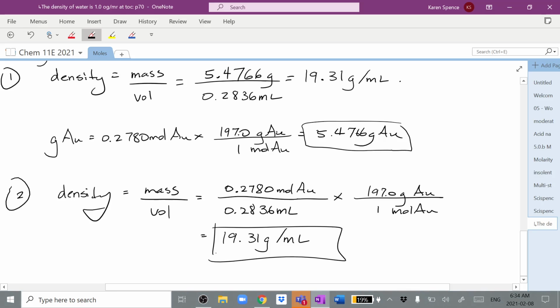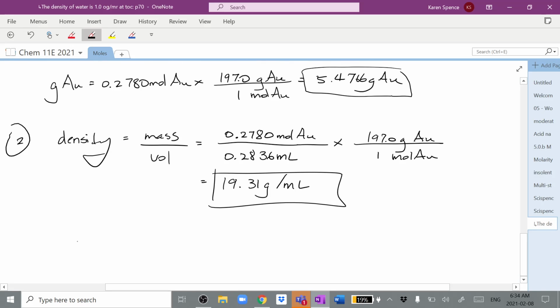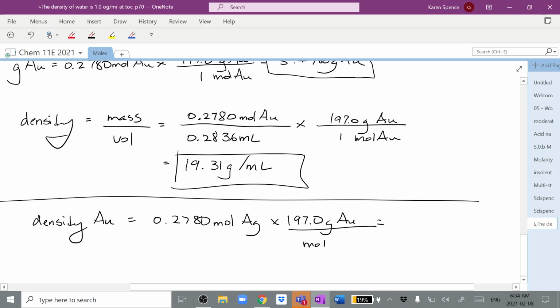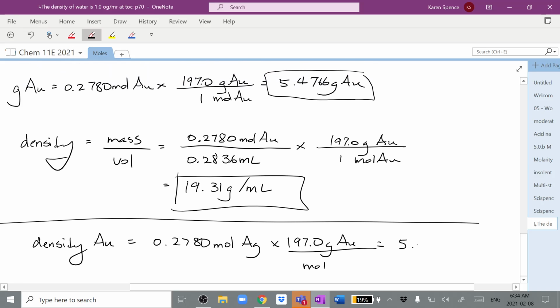So it doesn't matter which of the two ways you choose, just make sure that you don't do something like this. This is where people will go wrong. They'll say the density of gold is, and we will go 0.02780 moles of gold times 197.0 grams of gold per mole, and we will get 5.4766 grams of gold.